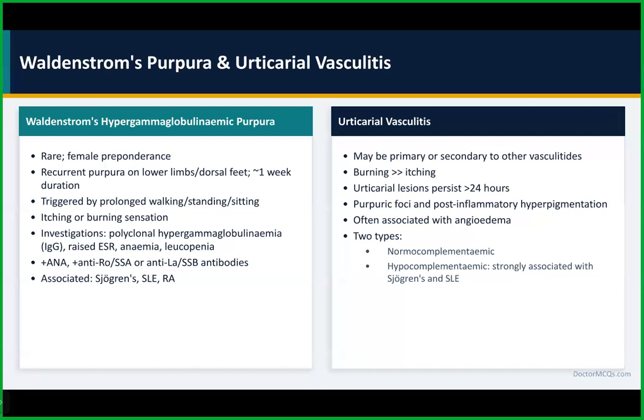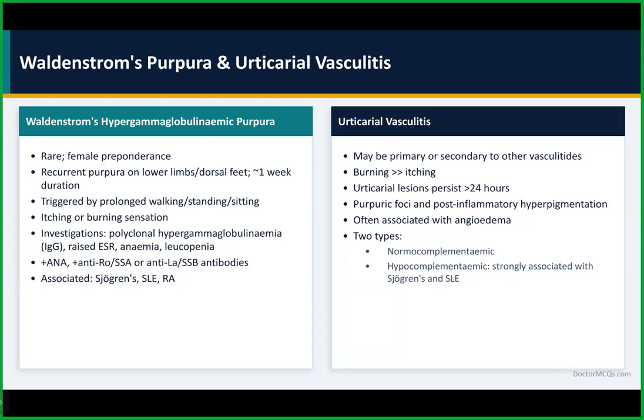On investigation, mostly raised IgG, raised ESR, anemia, and leukopenia will be there. The antibodies might be positive in these cases, like ANA or anti-Ro. And if there is any such skin condition on the lower limb or dorsum of the foot in a female, then ask regarding Sjogren's, SLE, and rheumatoid.